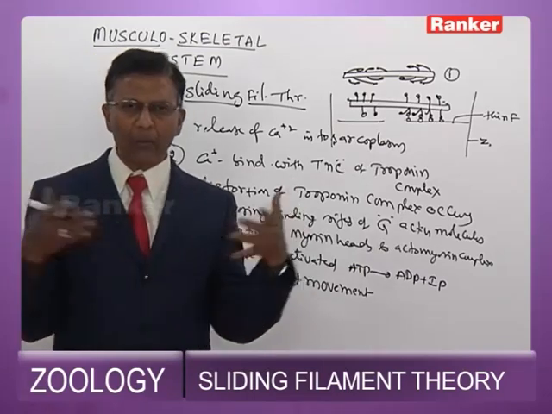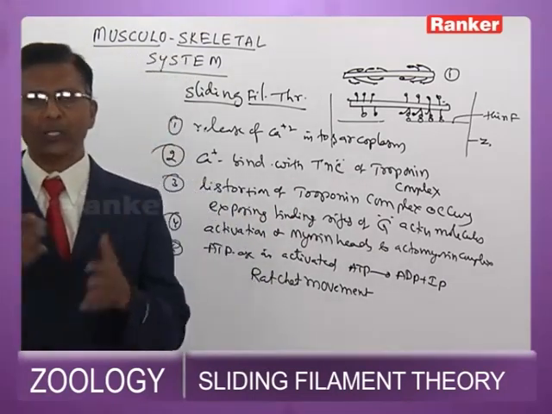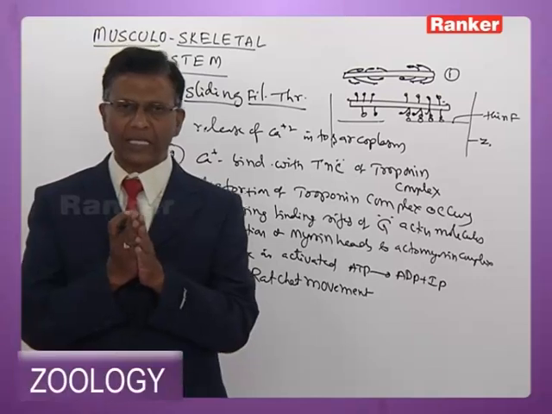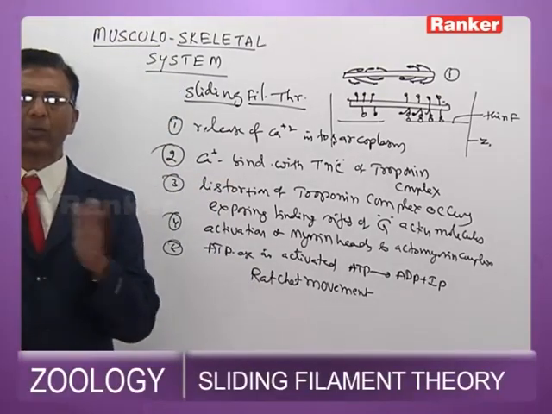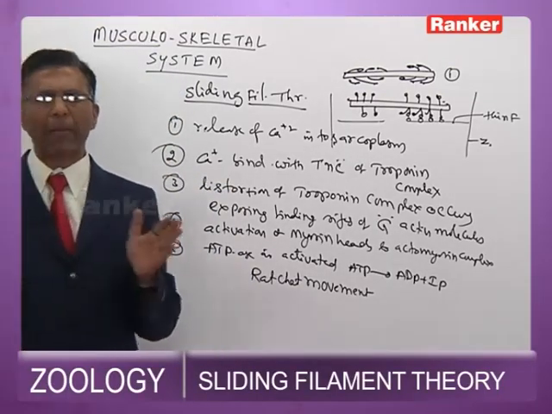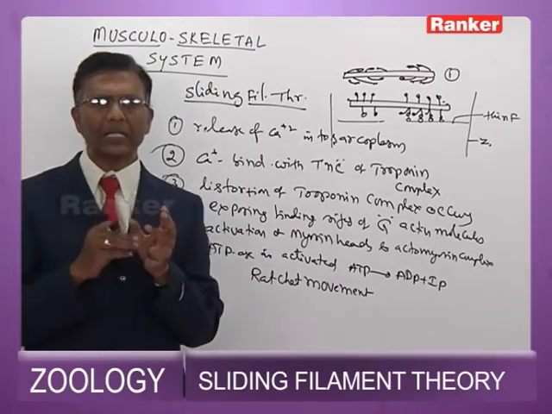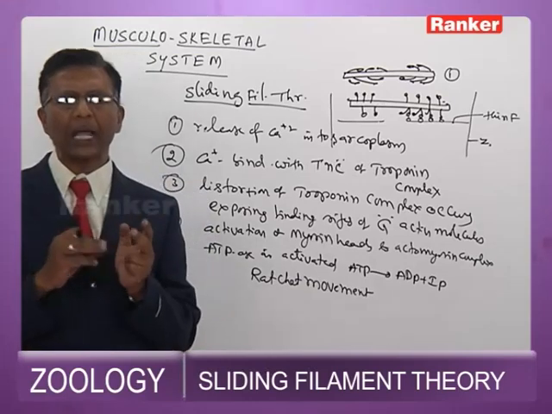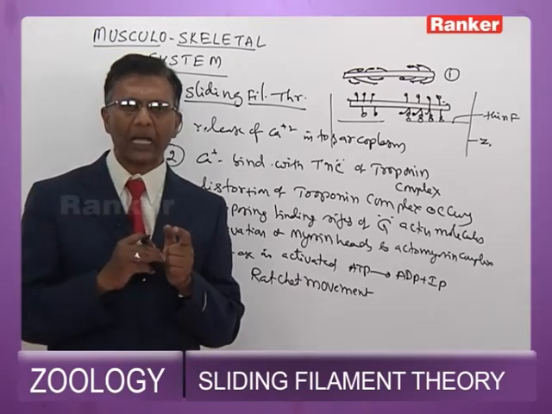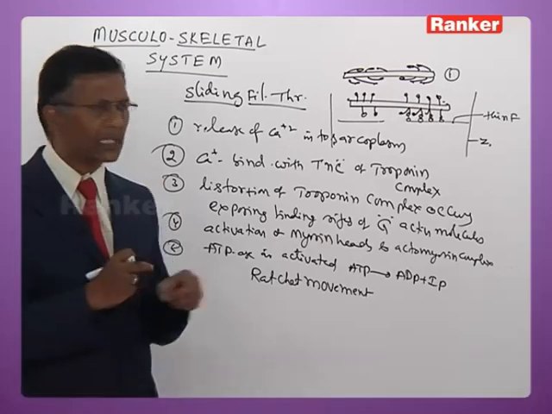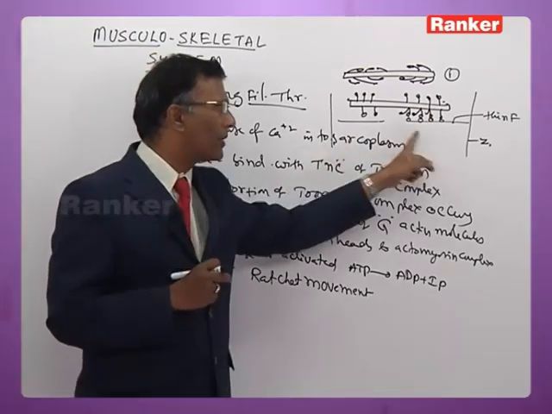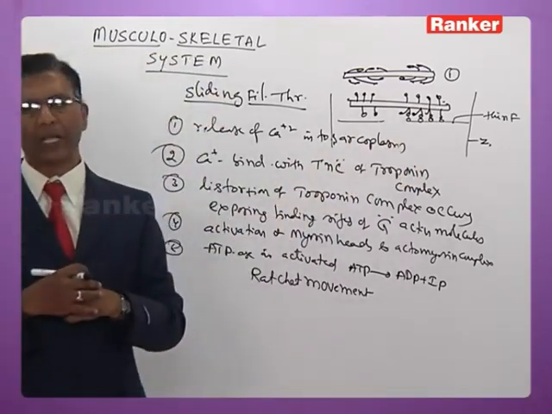As the Z lines move towards the H zone, the H zone goes on decreasing in size. At a point of time, the entire H zone disappears. Entire A band appears dark. So during contraction, the H zone decreases in size, completely disappears, the entire A band appears dark, and the length of the sarcomere decreases because of inward movement of the Z lines.